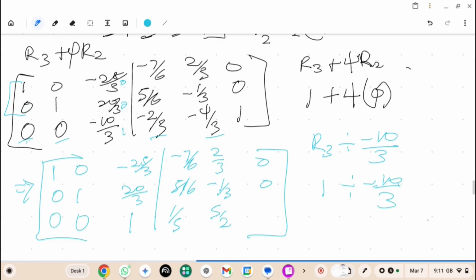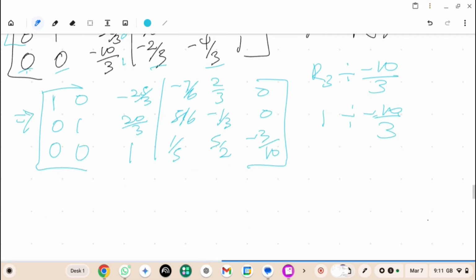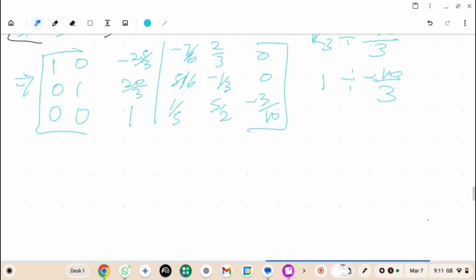We're going to get negative 3 on 10. So you have negative 3 on 10 here. So now what we are going to do is to change this and this to 0. So let's work on row 2.